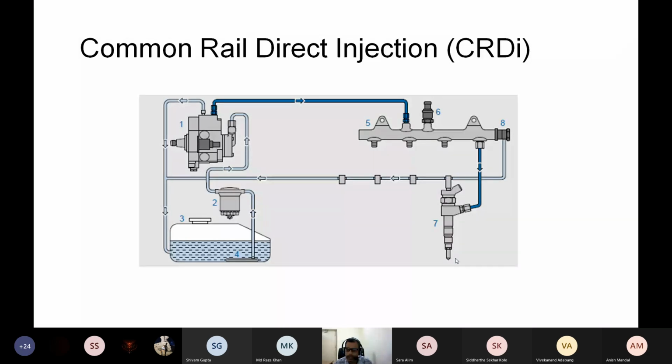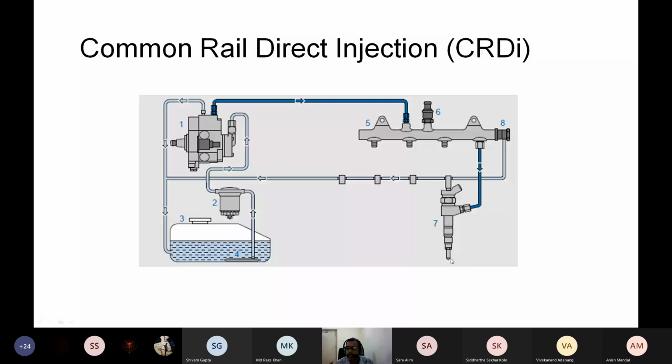In closed mode control, or in vehicle conditions, the ECU will sense from different input parameters what the fuel injection pressure should be. But here we are doing the experiments in open loop condition, so the user is defining the fuel injection pressure at 500 bar.